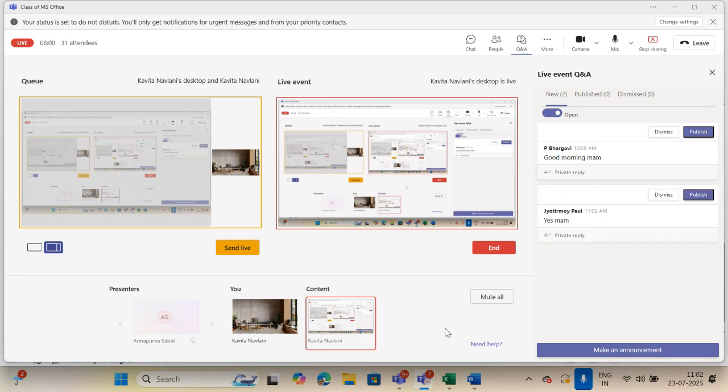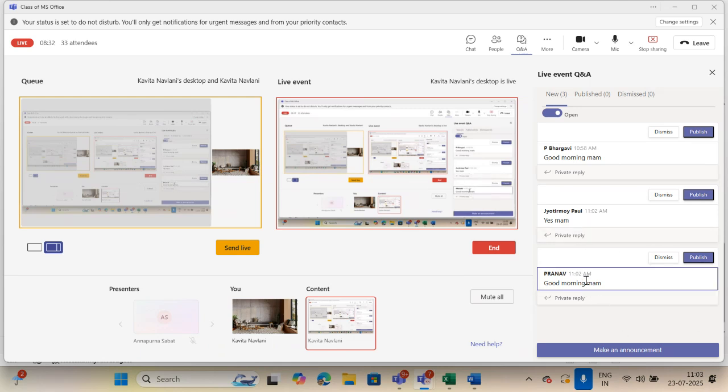Great. Jyotirmay, good morning. You completed the lookup and reference category, that is VLOOKUP, HLOOKUP, INDEX, MATCH. Have you found any problem? Good morning, good morning. Please reply.